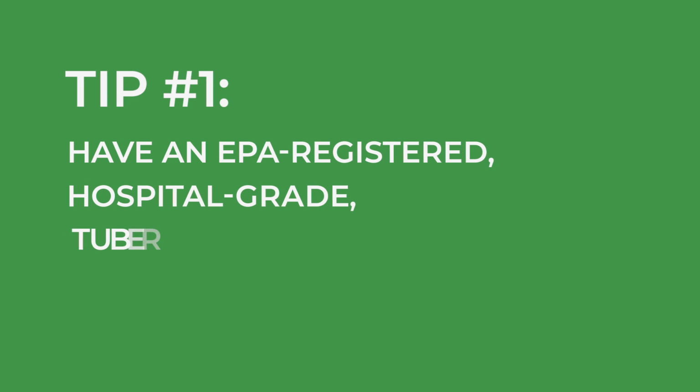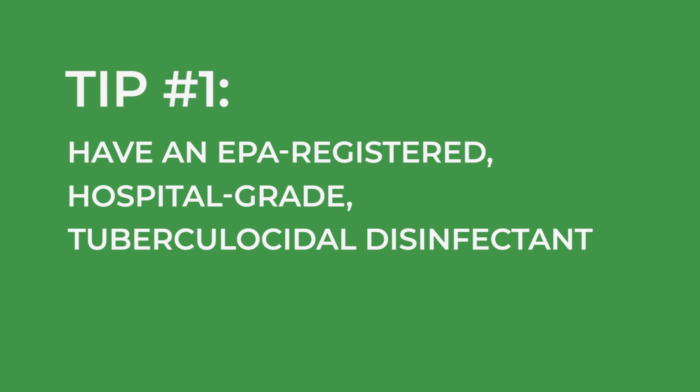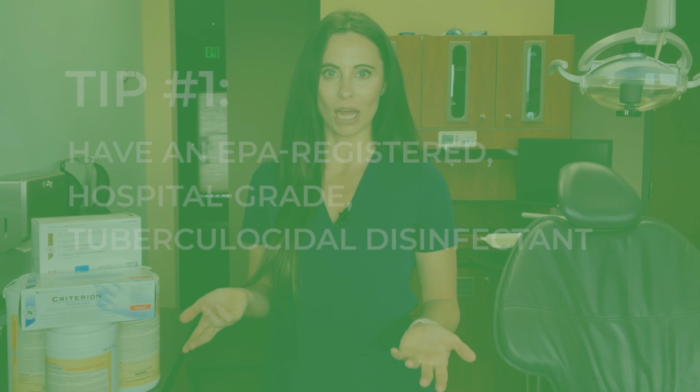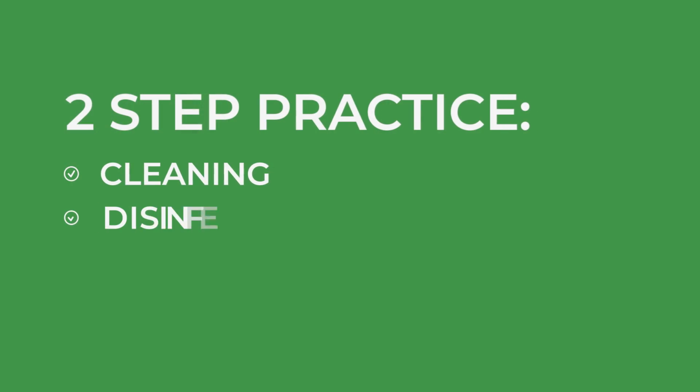First, you can use an EPA-registered hospital-grade tuberculocidal disinfectant with a contact time that ranges from 1 to 3 minutes. A large portion of your time during operatory turnover is spent on cleaning and then disinfecting.